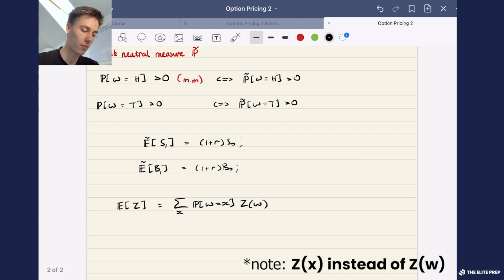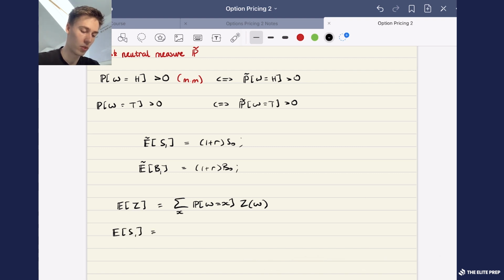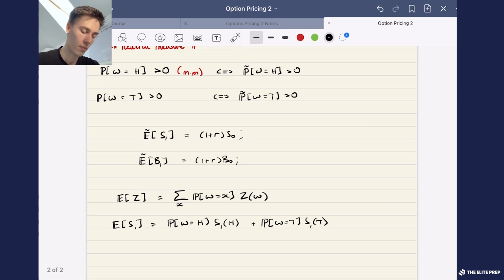So in our case, the expected value of S1 is equal to the probability of omega being heads times S1 of heads plus the probability of omega being tails times S1 of tails, which is equal to PU S0 plus QD S0, which is equal to (PU plus QD) S0.